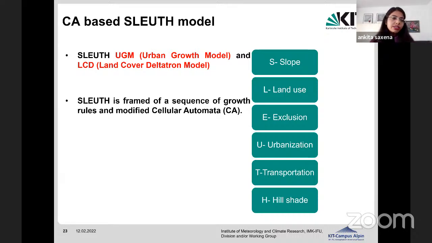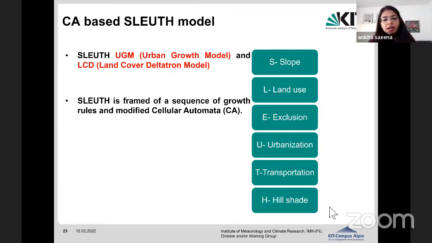Because it's a model, a software, we have to specify places where we will not want to build our constructions, in the form of water bodies, historical places, recreational places, parks, or anything which we want to exclude from urbanization.